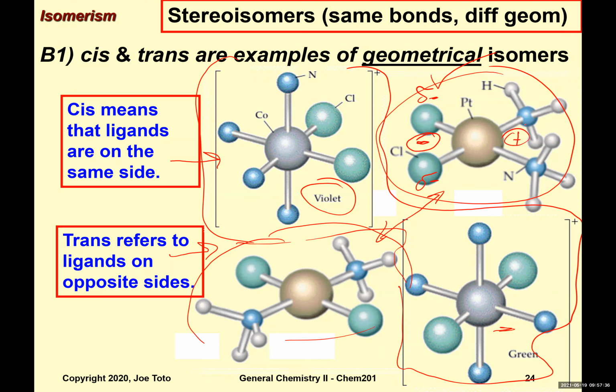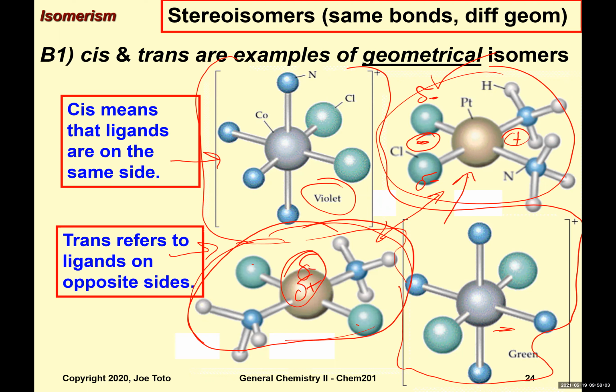So you're going to have a dipole moment, whereas in this structure down here, the trans structure, the center of negative charge is going to be right over the platinum, and the center of positive charge is going to be right over the platinum. So they cancel out, and this one's not going to have a dipole moment, so it's not going to interact with magnetic fields and things like that, whereas this one does.